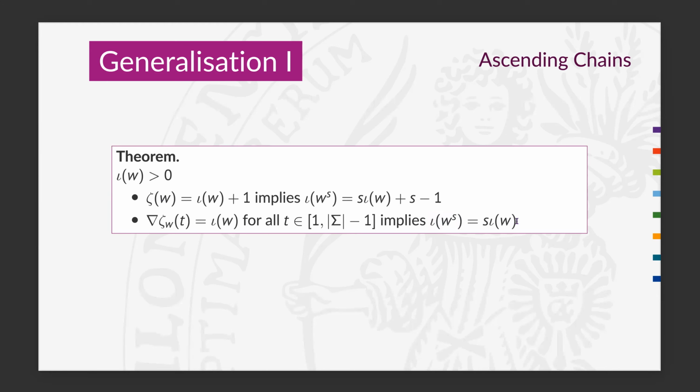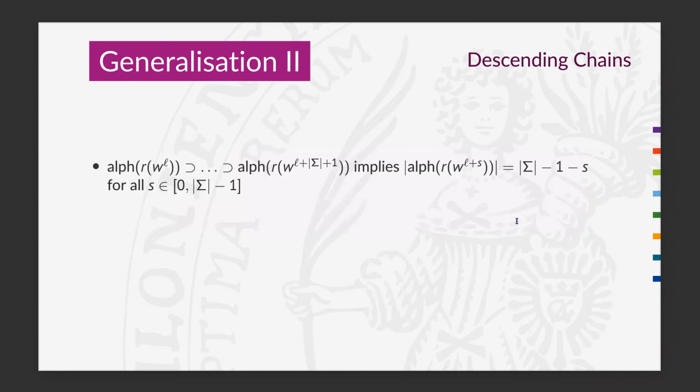So each w brings its own k arches, but I don't get any more. But I can also have descending chains, as we saw. And if I have a descending chain of the rest of bits, then I know that the cardinality of this one here is.